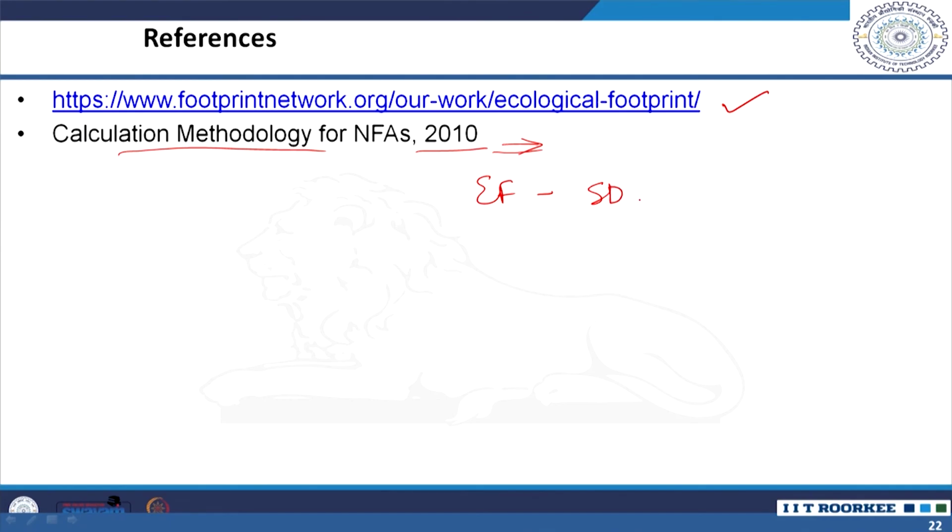Now your task is to explore how this ecological footprint can be related to the sustainable development concept as well as to other indicators of sustainability like the human development index.